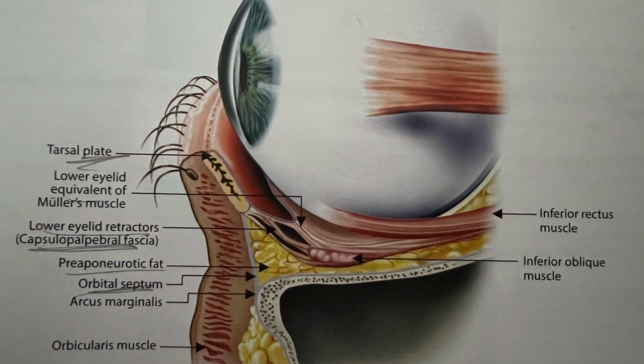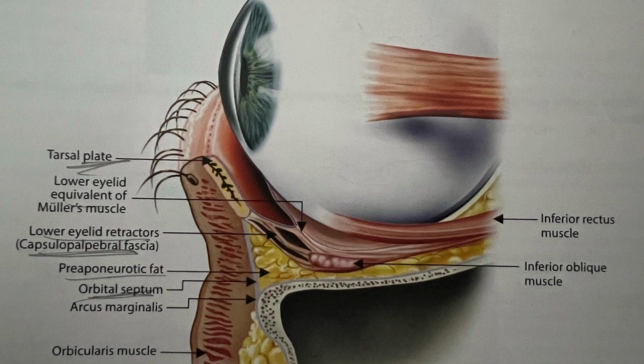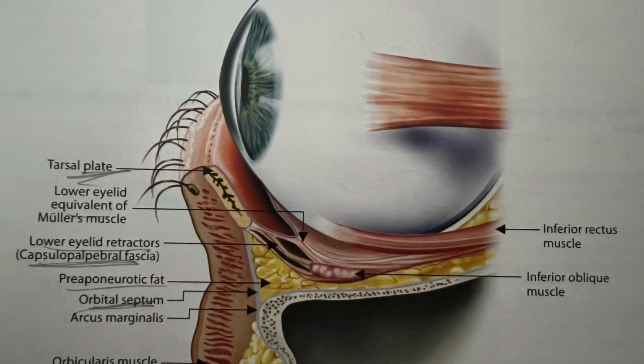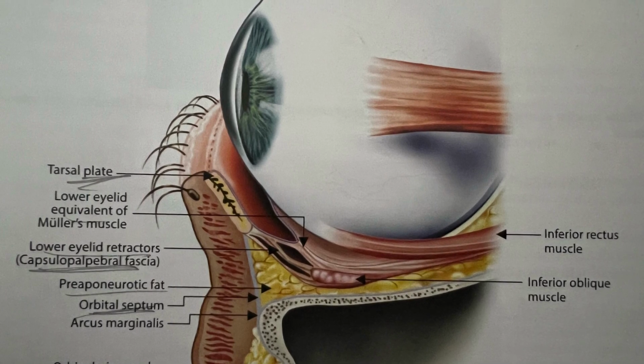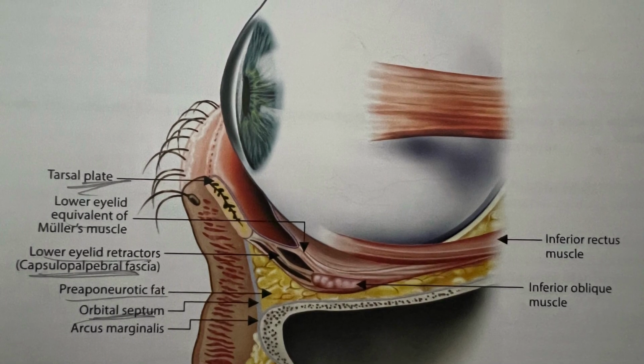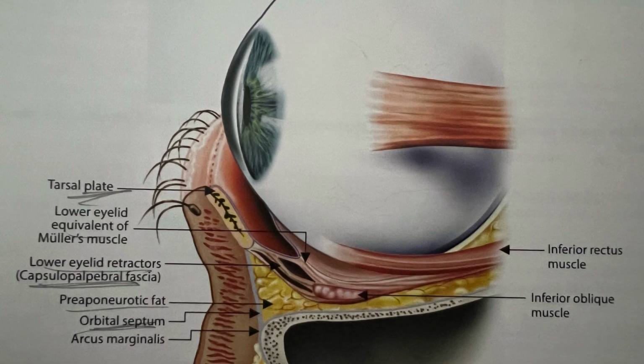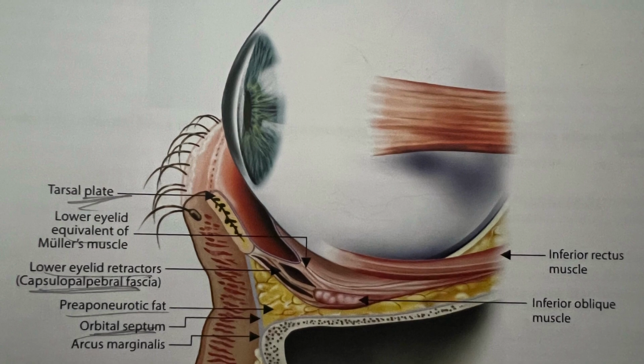The lower eyelid can be considered to consist of three lamellae. The first lamella, that is the anterior lamella, is made up of skin and orbicularis oculi muscle. The second lamella is the middle lamella, made up of the orbital septum and inferior eyelid retractors.